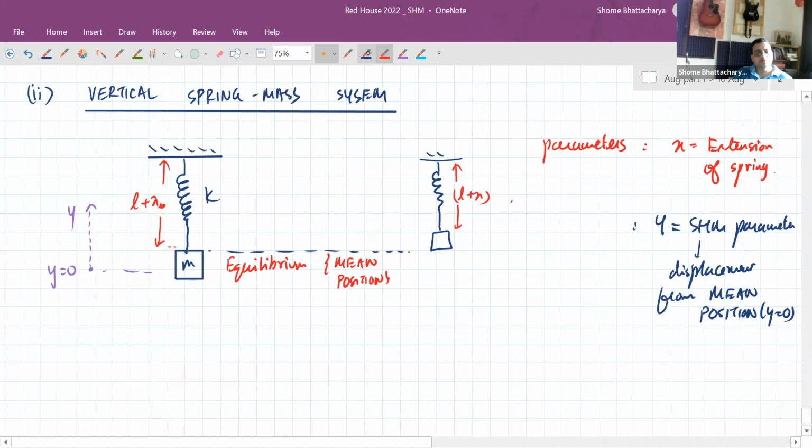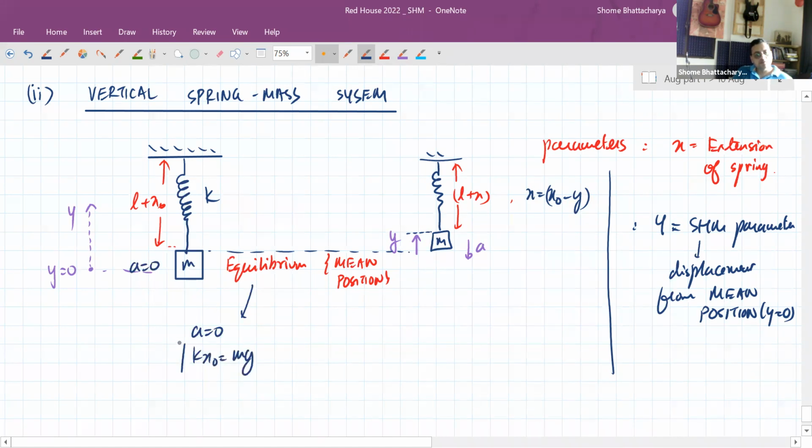If the block has been displaced upwards by a positive y, you can see it will have a downward acceleration, because x here is x naught minus y in this case. Here equilibrium means acceleration is 0. So kx naught is equal to mg. This is our first equation.